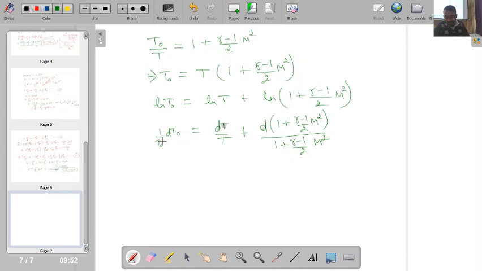Now this will be equal to 0 because stagnation temperature is constant.